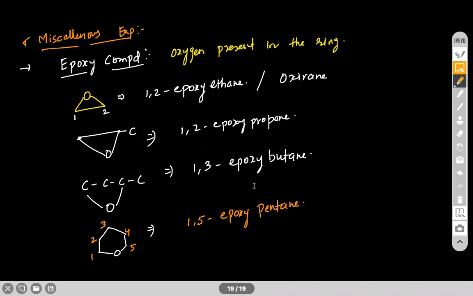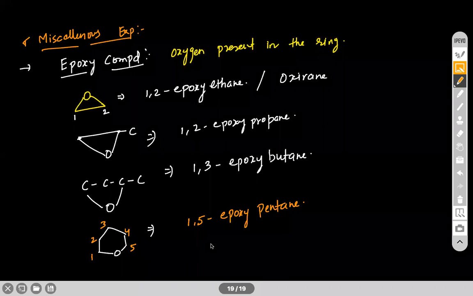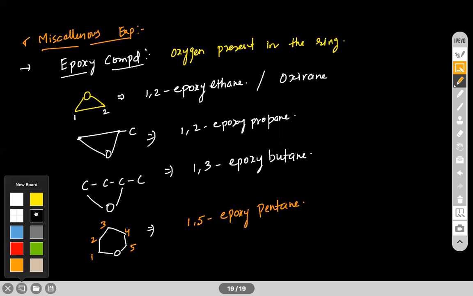Correct? That's why I said it's a miscellaneous example. We have some different kinds of naming here. No, that is not there, Kiran. Epoxy and cycloalkane won't be there together. Two ways we can do this, I have already shown you: oxacyclohexane we can say, or we can write epoxy alkane like that.